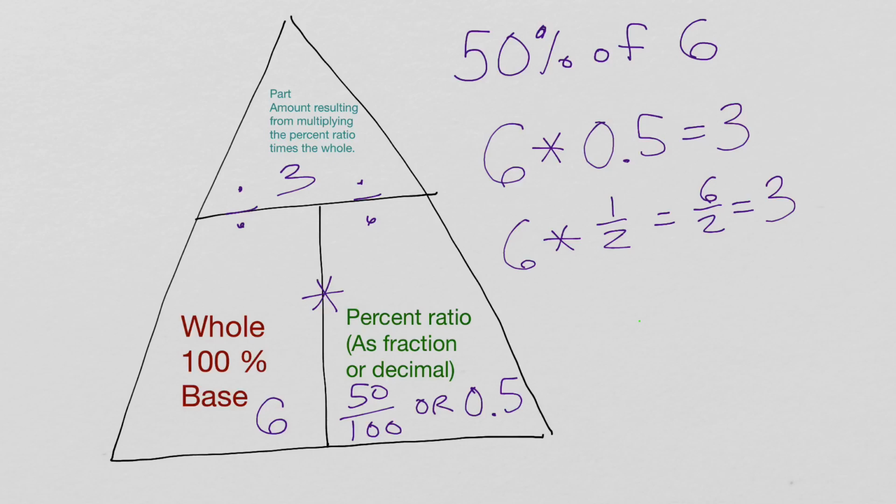Using this, 3 divided by 6 does equal 1/2 or 0.5. 3 divided by 0.5 does equal 6. And 1/2 times 6 equals 3.